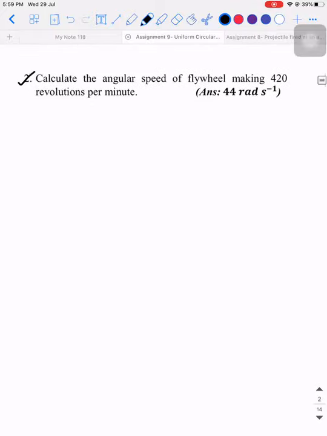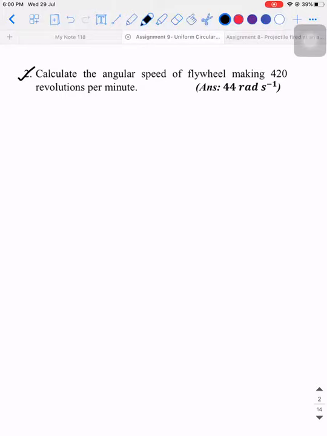Calculate the angular speed of the flywheel making 420 revolutions per minute. So what is given to us? Revolutions per minute or revolutions per second is the frequency.